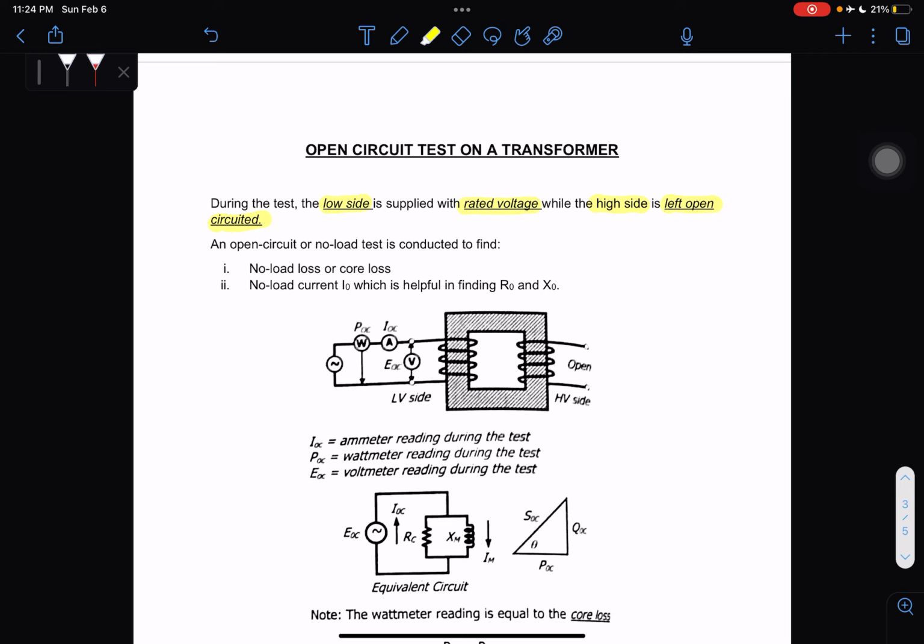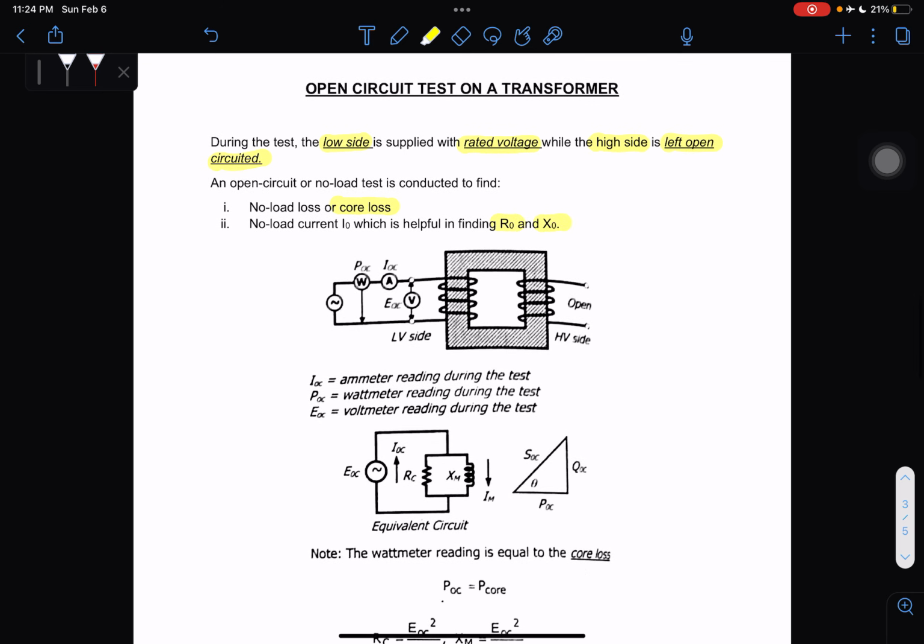An open circuit or no load test is conducted to find, first, the no load loss or core loss, and second, the no load current I0, which is helpful in finding R0 and X0. Here is our diagram for the open circuit test.